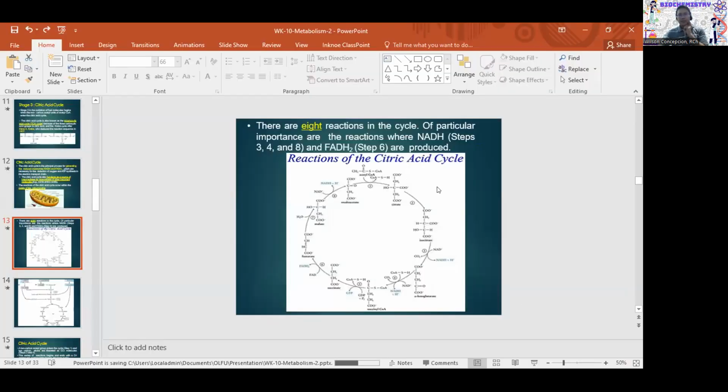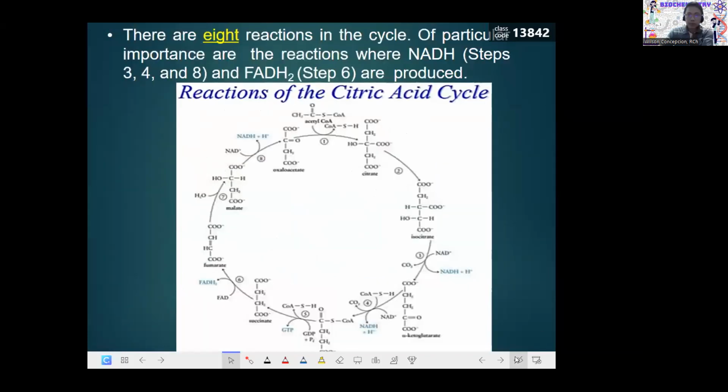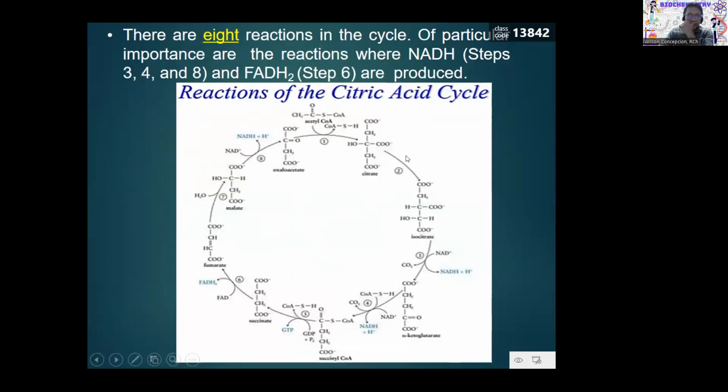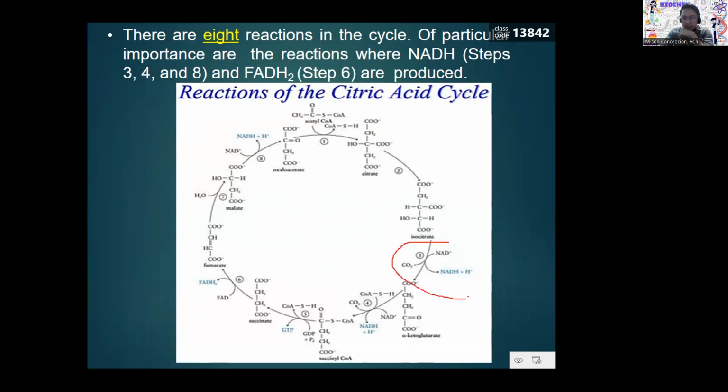Okay. So, NADH and FADH2 are produced in what steps? In steps 3, 4, and 8. Let's circle them. This is step 3, step 4, and step 8. Last week, I said there are exits for the citric acid cycle. First is the carbon dioxide exit.